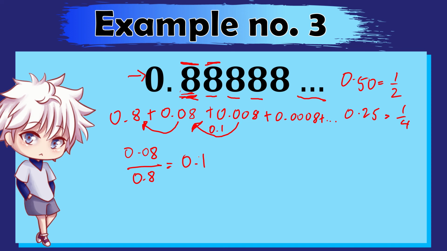Or yung pinakamadali na lang po, yung pinaka-shortcut, ang magiging value po ng common ratio ng ganitong example will be the place value nung unang term. Ano ba ang place value nito? This is tenths. Diba? So we have 0.1 kasi ito ay nasa tenths na place value.